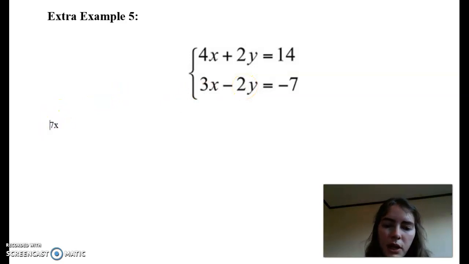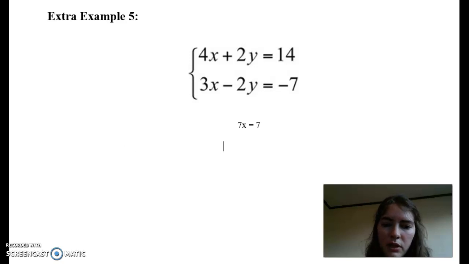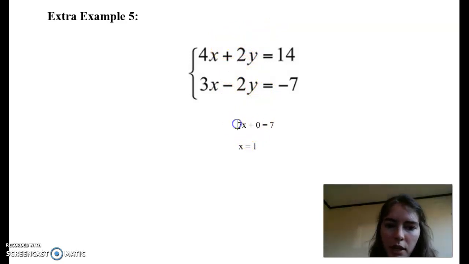And then the last one, 14 minus 7 equals 7. So 7 times what number equals 7? 7 times 1 equals 7. So x equals 1. Or you can think of it as 7 divided by 7, if you would like. Okay, so we know that one, and just remember this part went away completely. Okay, this was a plus 0, if you would like.